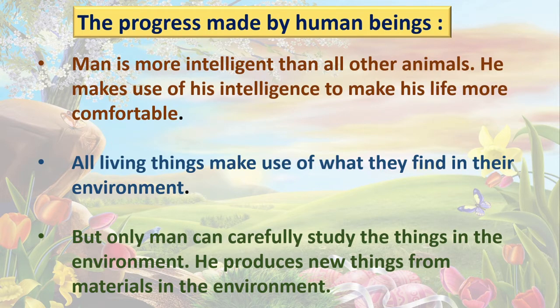For example, I will tell you, here we get fruits in the environment, different types of fruits. And you know that all animals, birds, insects, they too use these to eat, but they eat these fruits directly.